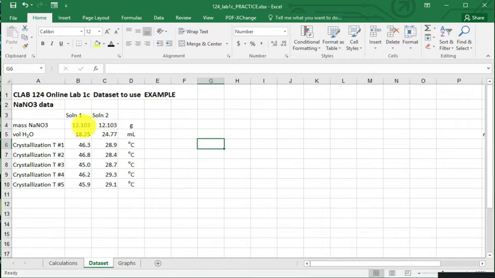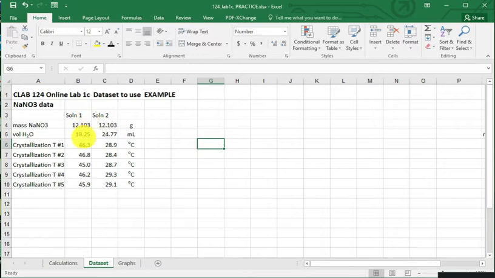So I made a solution by taking 12.103 grams of sodium nitrate, and I added 18.25 milliliters of water, and I made a solution. I heated it up. I let it cool down and measured the crystallization temperature 5 times. So I want to get an average crystallization temperature and the standard deviation of it, and I also want to get the standard solubility of this.